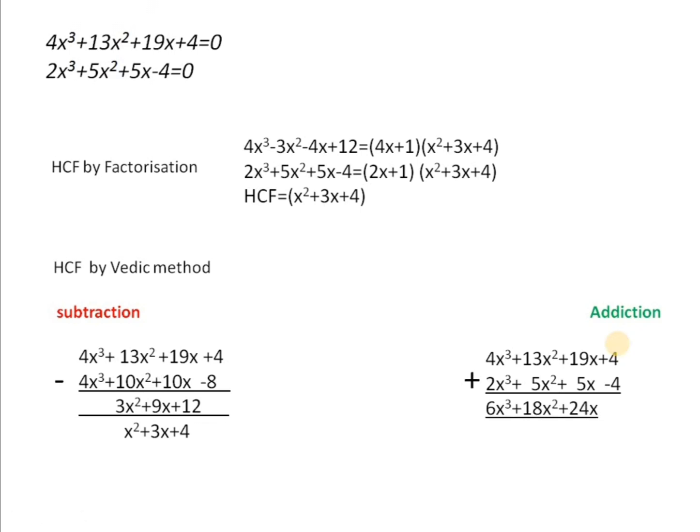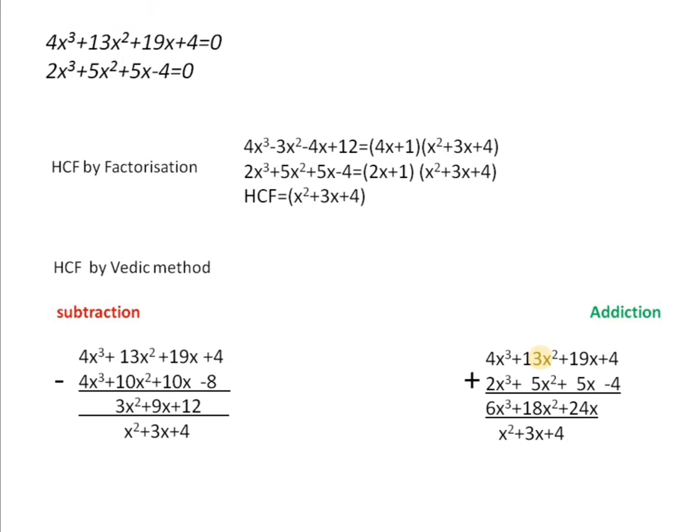Now we take 6x out as common, and we are left with x square plus 3x plus 4. So you can see we got the HCF in a simple manner, which is x square plus 3x plus 4. And this method is comparatively really simple, even more than factorization.